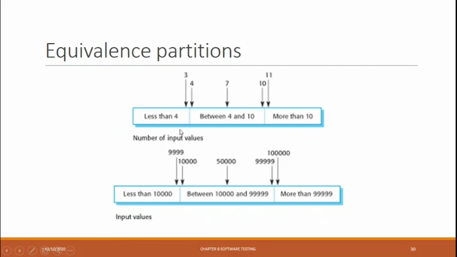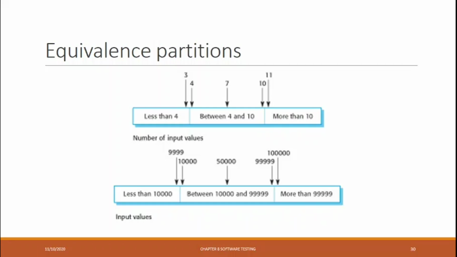I'm telling you just an example. You place the numbers from 1 to 3 in this group, from 4 to 10 in this partition, and above 11 in this one. Other numbers will fall only in these partitions.